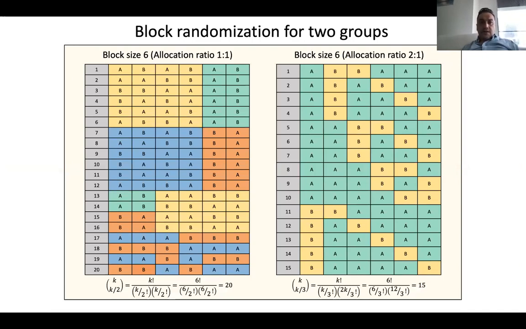So there is another sort of design, which is the allocation ratio. This is something that we see with some frequency as well. The allocation ratio doesn't need to be 1 to 1. It could be 2 to 1, and there are strong reasons to do this.